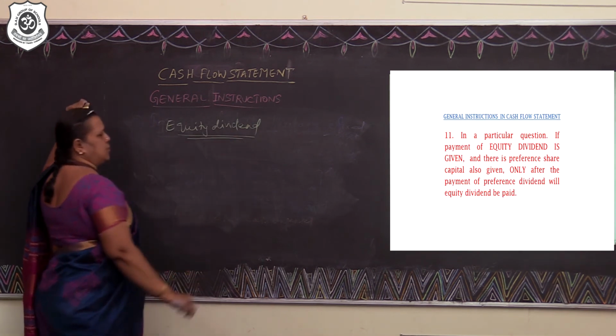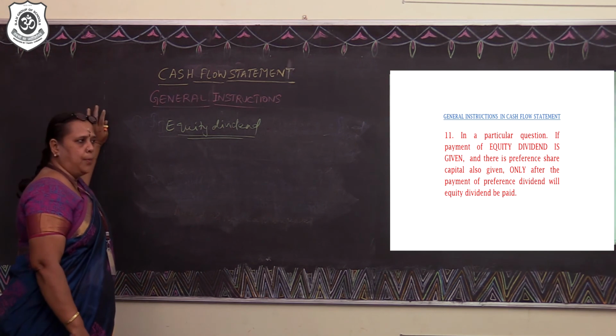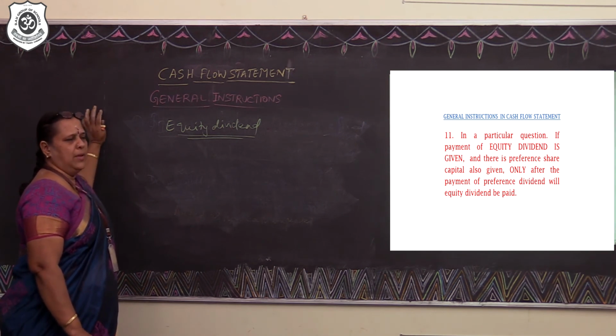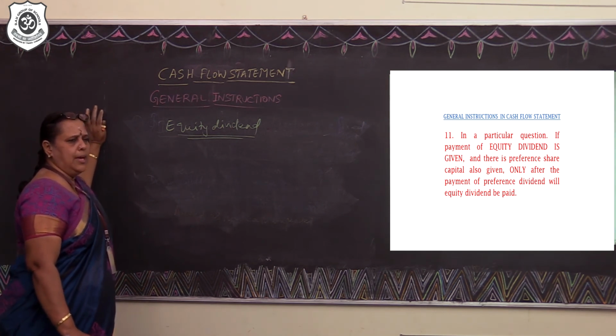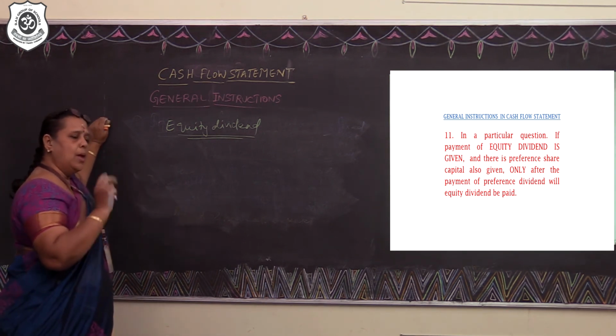In case in a question, if you are given information about equity dividend, suppose the information is very clear that the company has only equity shares, no problem at all, equity dividend will be paid.